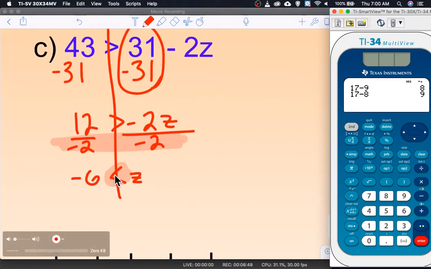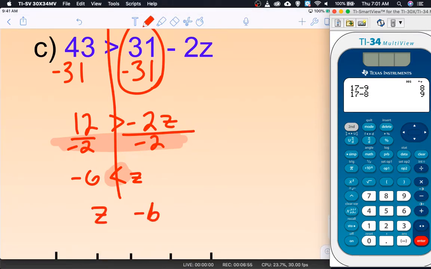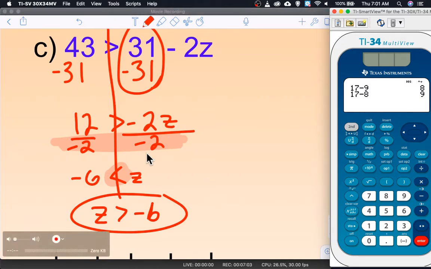But because the variable is also on the wrong side, we're going to flip the whole problem around like that. So we had to change the direction of the inequality twice. Once because we divided by a negative, once because our variable was on the wrong side.